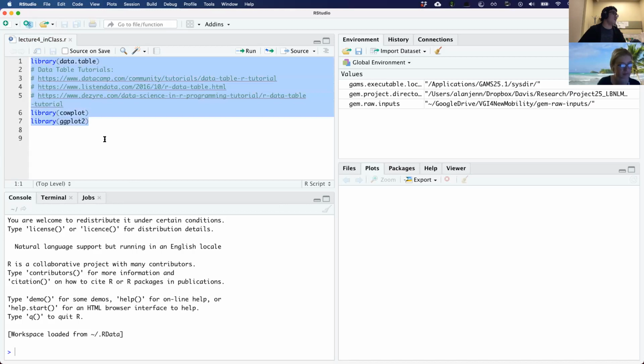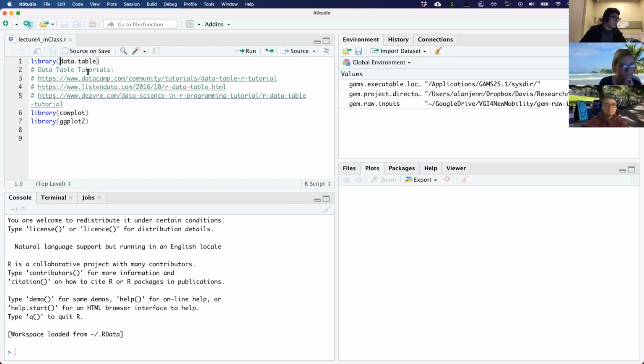Right here, I have a couple lines of code where I have this thing, library, with the name of what's known as an R package. When we were learning about packages in the tutorial, in the first two lectures, I did mention how, because R is open source software, other people can contribute to it.